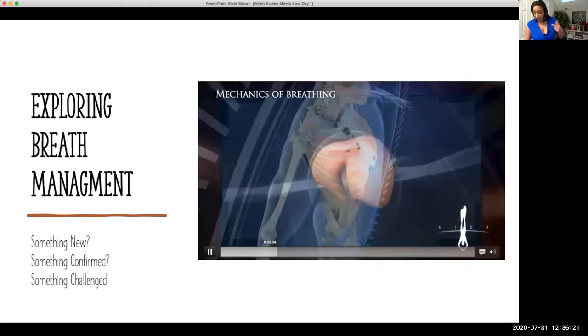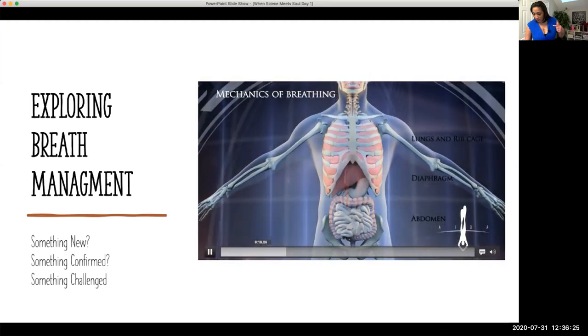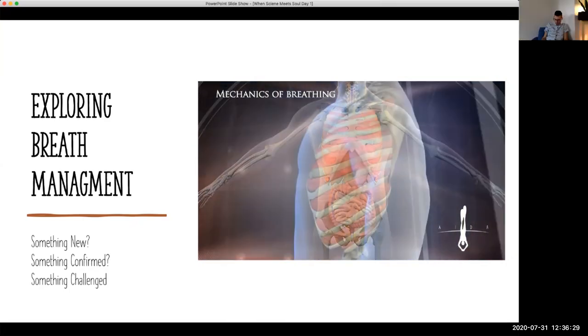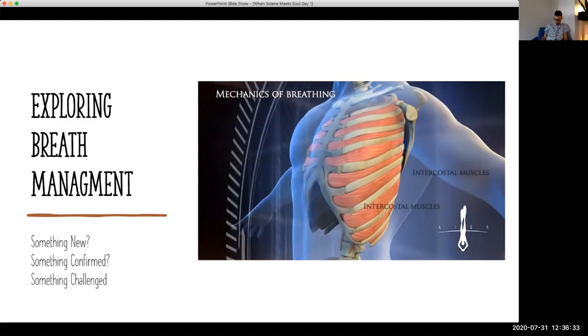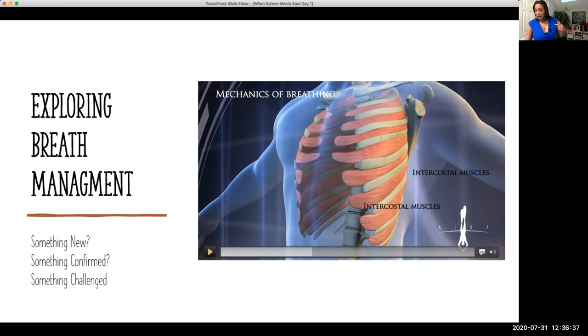The diaphragm is sandwiched between the chest cavity, containing the lungs and the rib cage, and the abdomen, containing the digestive system, including your stomach. The muscles that move the rib cage itself are the internal and external intercostal muscles. Yes, in this video it does look like the ribs are descending when the diaphragm is descending, but that's mainly because it's moving, not so much that it's collapsing.